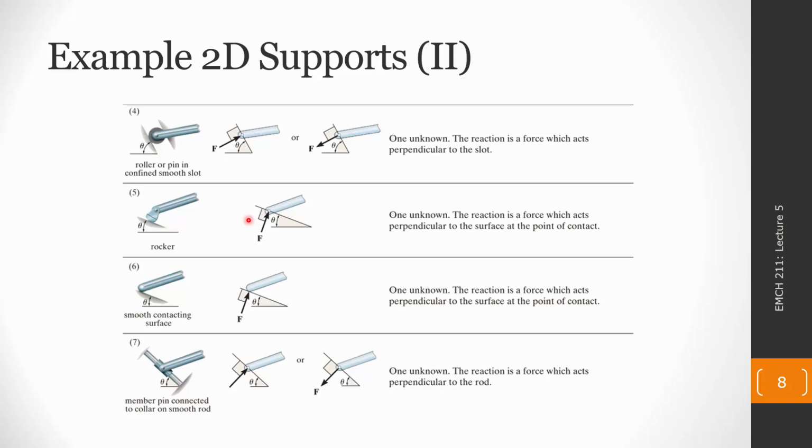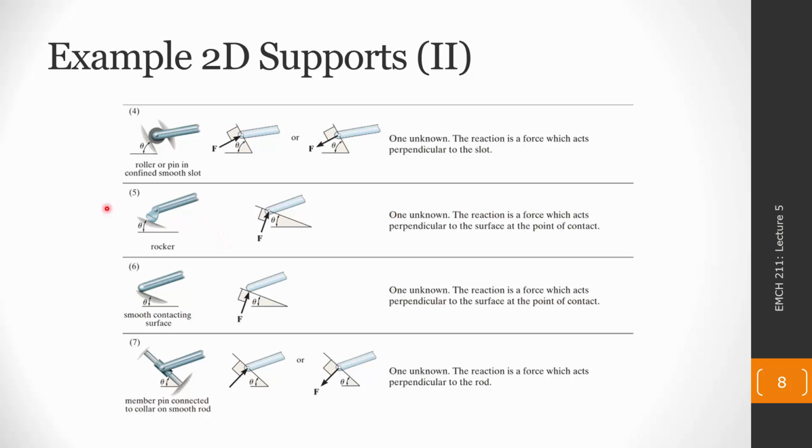So for example, here, if we model it pushing on the object, and we find that our F value were negative, this can't be the case, because that would mean that the surface would be grabbing the rocker and pulling it rather than pushing it up and to the right. So that can be an indication that we either modeled it incorrectly, we made a math mistake, or possibly for this to be in equilibrium, it would require the surface to grab onto the rocker and hold it down, which would be physically impossible.